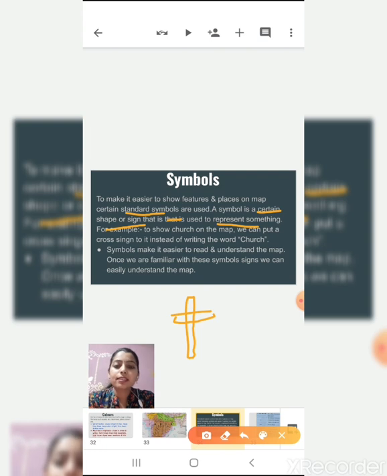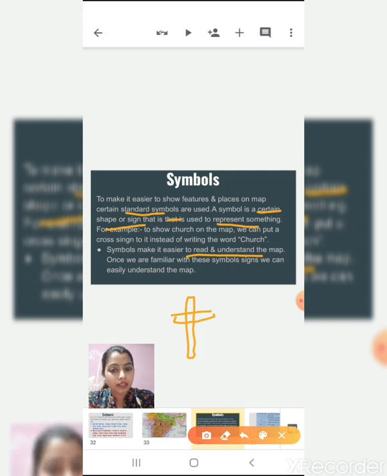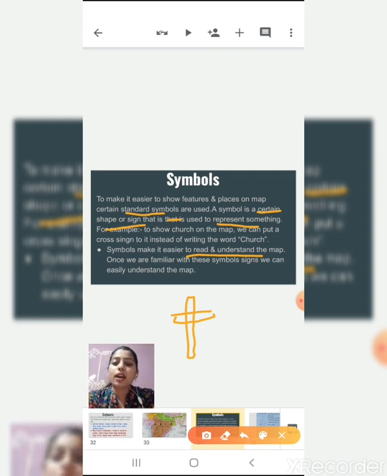Symbols make it easier to read and understand the map. Once you are familiar with all these symbols, children, you can easily understand and read the map.